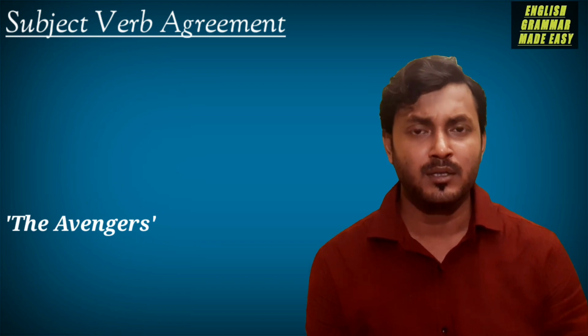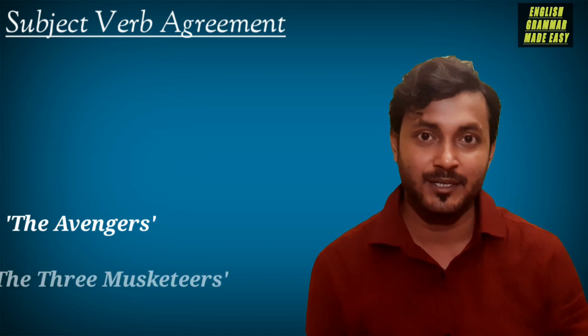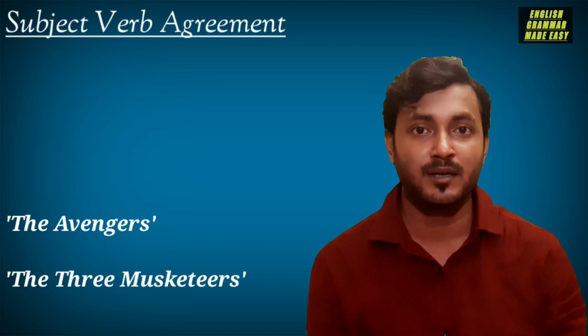We most probably have covered seven of the rules. We have three more rules left. Achha. If you see a proper noun in the plural form, what will we do? Like the name of a movie, The Avengers, or X-Men, or the name of a book, Three Musketeers, The Arabian Nights.